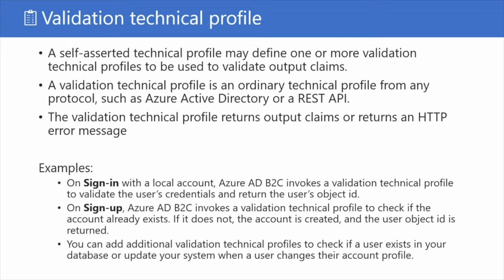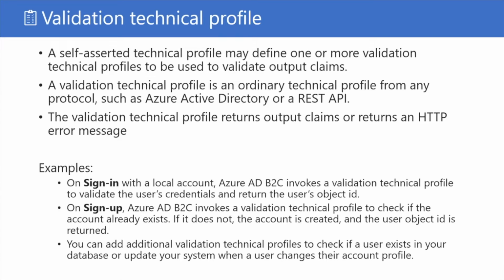On sign up, Azure AD B2C will invoke a validation technical profile and check the underlying Azure AD data store and see, well, does this account already exist? And if it doesn't, great, create the account. As part of the validation technical profile, it will actually create that account and return back the object ID for the user.